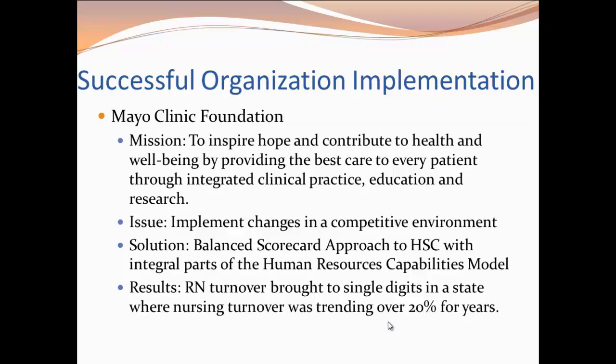They found RN turnovers higher than they hoped it to be in certain key staffing areas. So by focusing on those key staff areas and putting together focus groups of personnel to get input, some solutions were made. Turnover was brought into single digits in a state where nursing turnover had been trending over 20% for years.